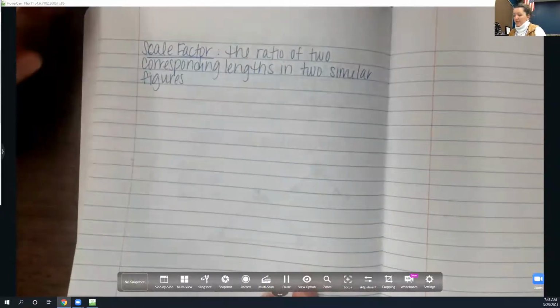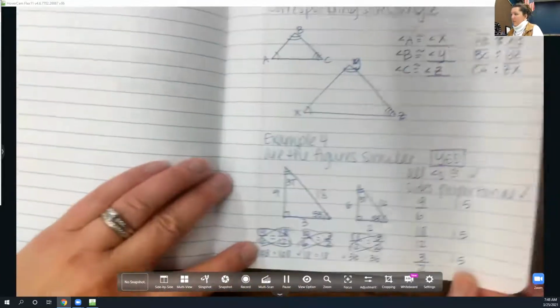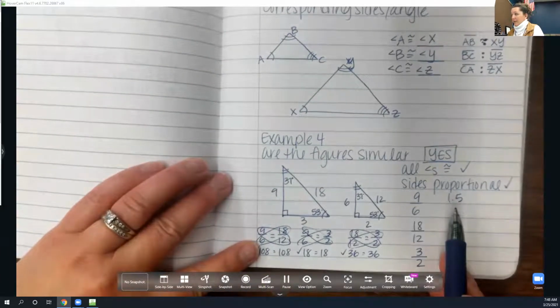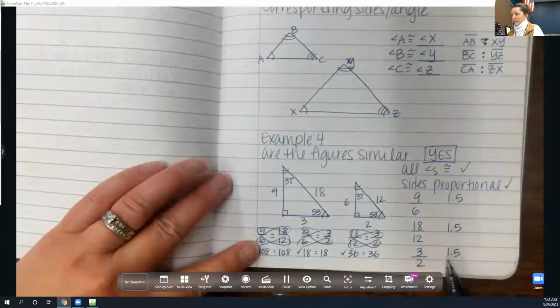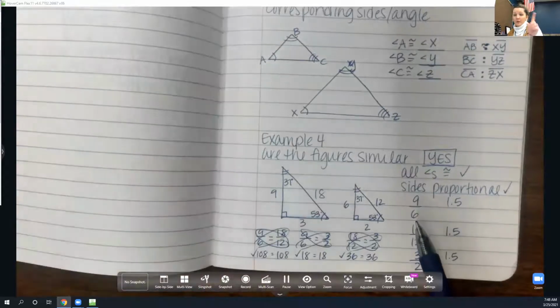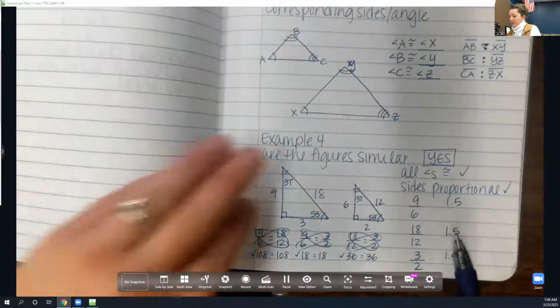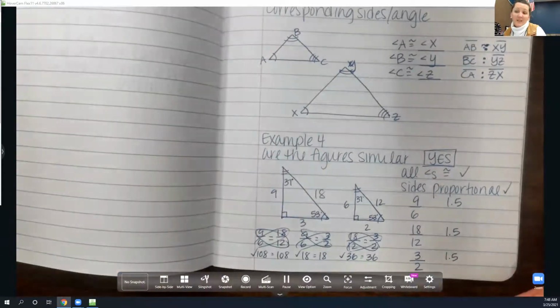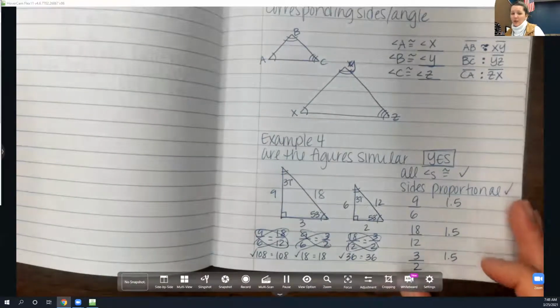In the case of the last two triangles, we found out that our scale factor was 1.5. That's my ratio of the lengths of the corresponding sides. A really easy way to think about this is just dividing the sides.